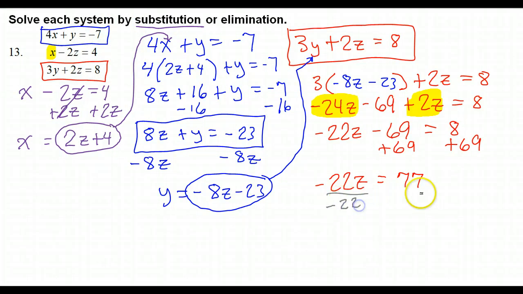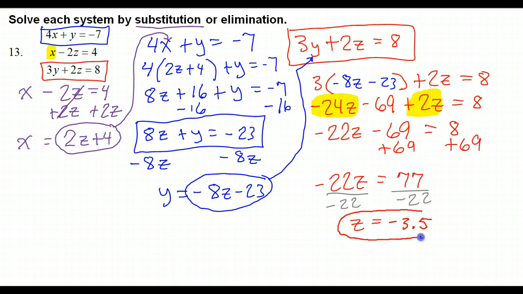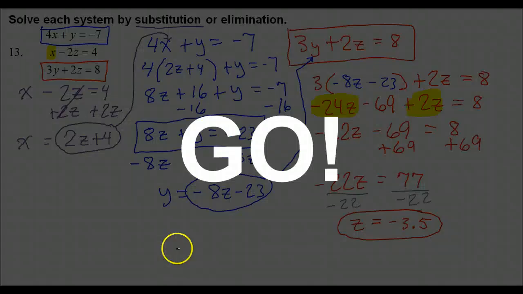So dividing both sides by negative 22, that is going to give me z equals negative 3.5. We don't often get decimals because we've been taking baby steps, but sometimes the answer will be a decimal, so do not be afraid.